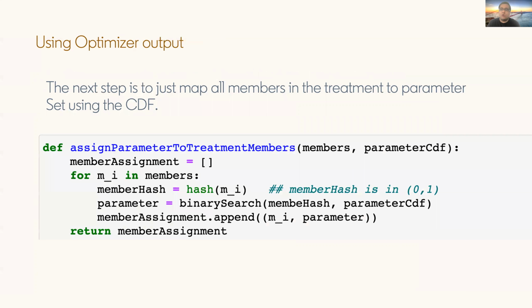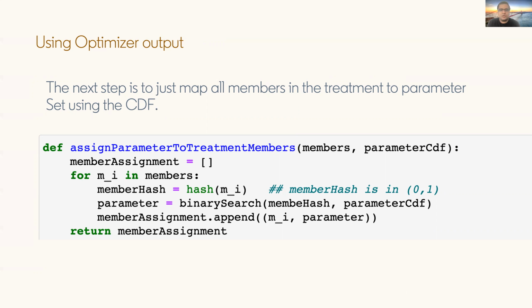So let's look at how you resolve this PDF over the hyperparameters and assign it to the members. You want to have some kind of a sorting criteria, and in order to do the member assignment, what you do is you run the following steps in a loop. The function assign parameter to the treatment members has a members array and has the density as inputs.